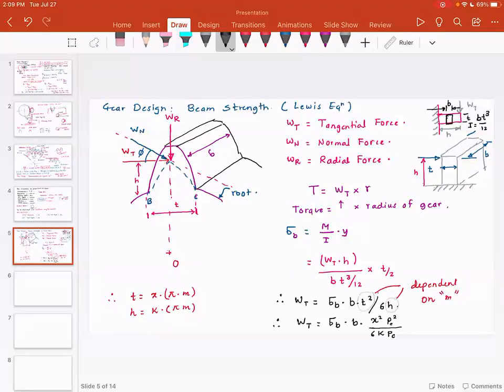That gives me an equation: sigma B multiplied by B times circular pitch multiplied by X square by 6K.